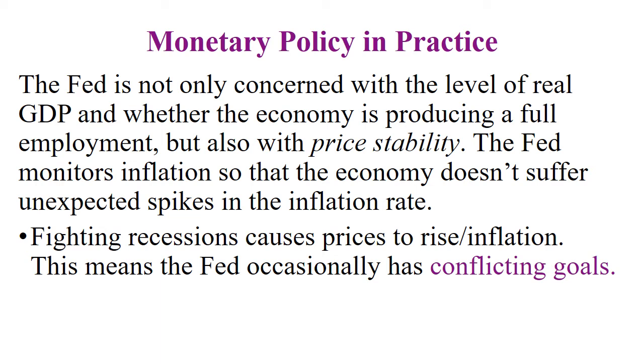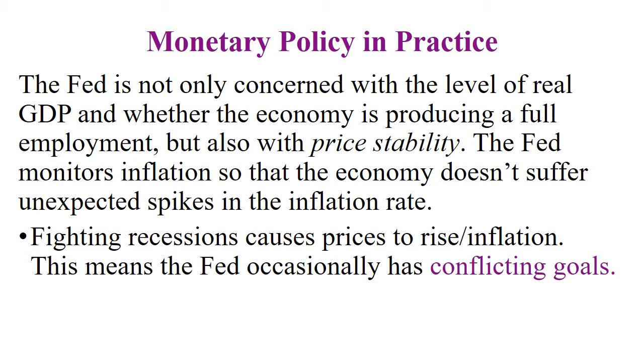The problem, though, is that you can't solve both of those issues at the same time. If you're fighting a recession and trying to reduce unemployment, the end result is prices go up. Fighting unemployment causes inflation. If you're trying to reduce an inflationary gap, when you take money out of circulation, that means fewer goods and services are purchased, which can lead to companies laying off their workers. So when inflation goes down, unemployment goes up.